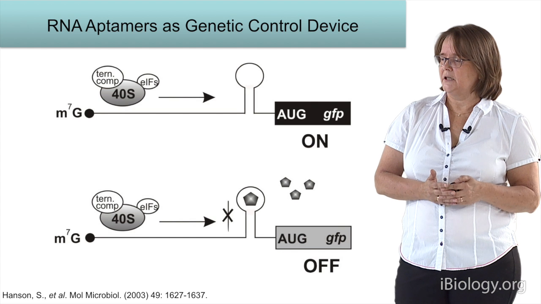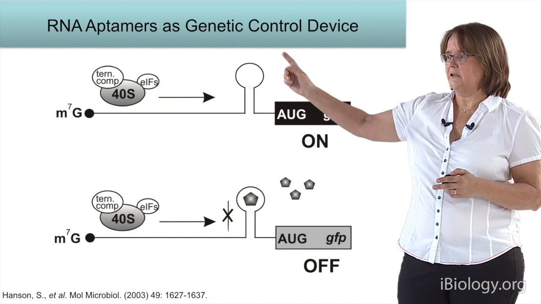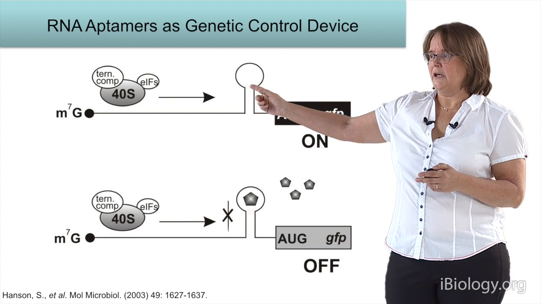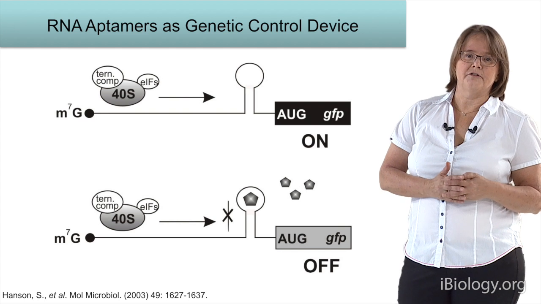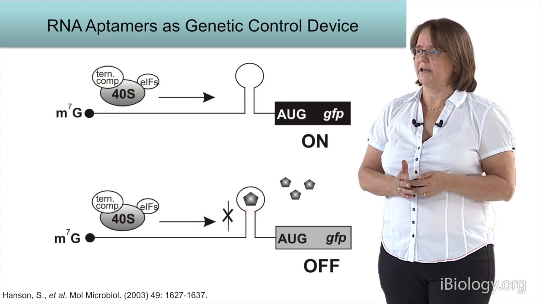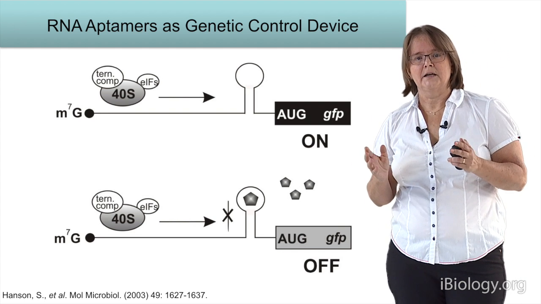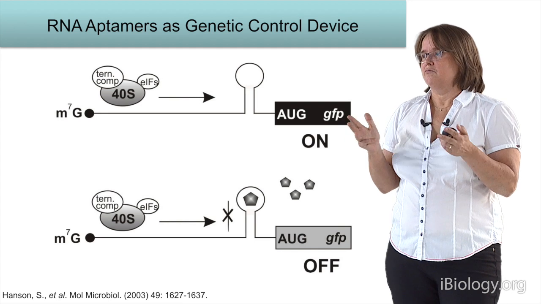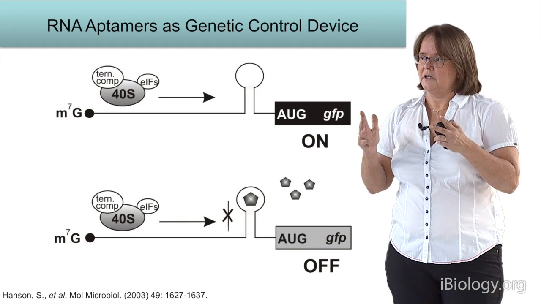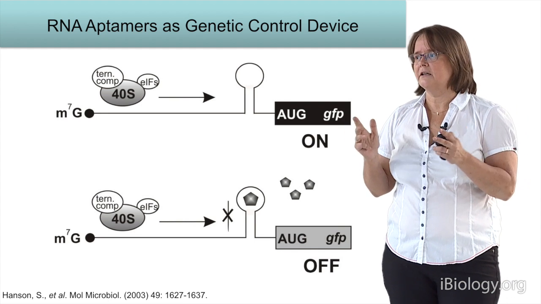In the upper part, you see that we have integrated an aptamer into the 5' UTR of a eukaryotic messenger RNA. And without a ligand, the aptamer is only pre-structured, only slightly structured.